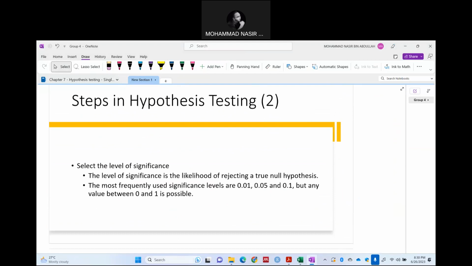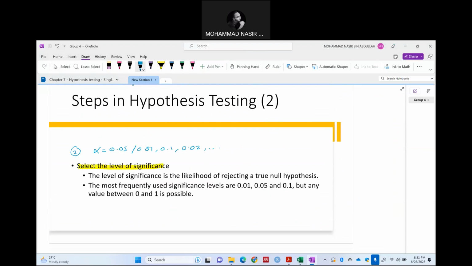Second step, step number 2, we state the level of significance, which is 0.05 or 0.01 or 0.1 or 0.02 or something else. So what does it mean?